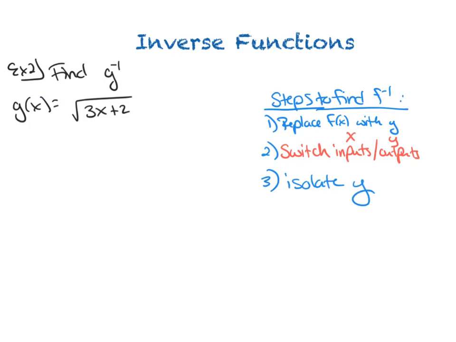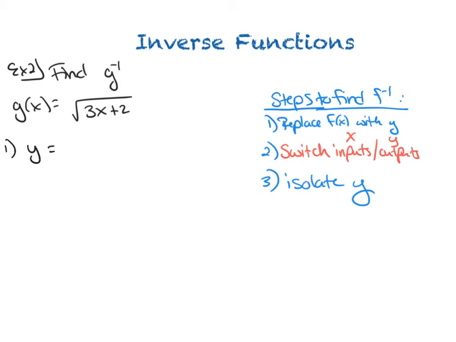Okay. Let's find, for example 2, the inverse function, or g inverse, for g of x equals the square root of 3x plus 2. Okay, so we're going to follow these 3 steps over here. Just because we name our function g instead of f doesn't change the steps. So instead of replacing f of x with y, we'll simply replace g of x with y.